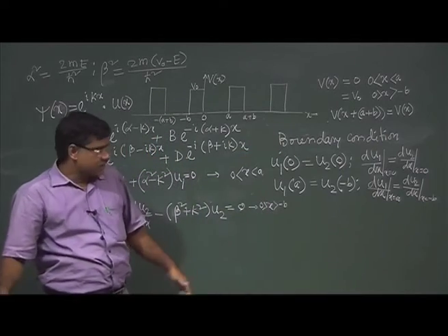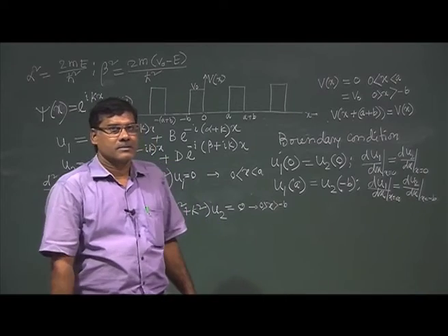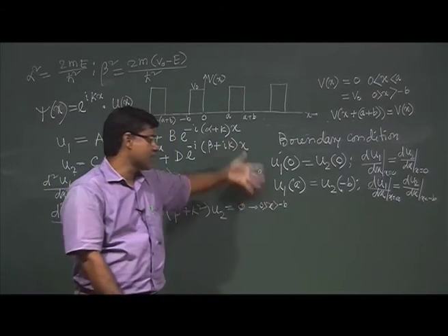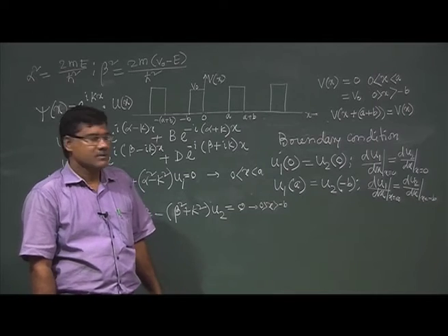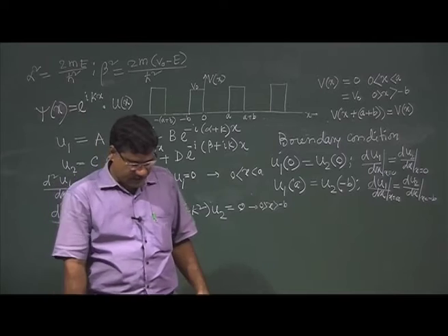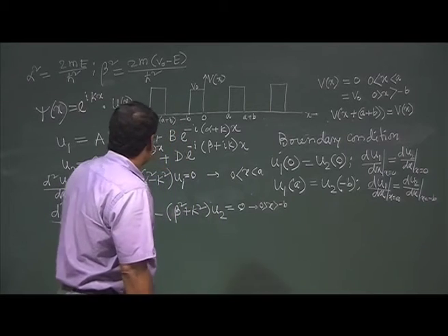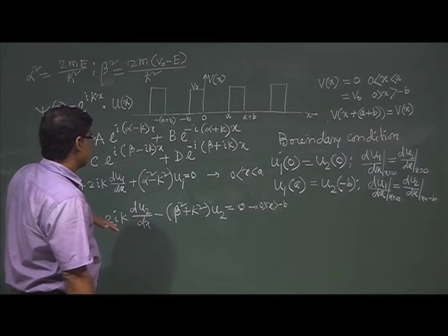Whatever I am doing, this is just the method. You will do this type of calculation many times in quantum mechanics. This is the method, this way one has to proceed. Okay. So, now you see I have to use the boundary condition.